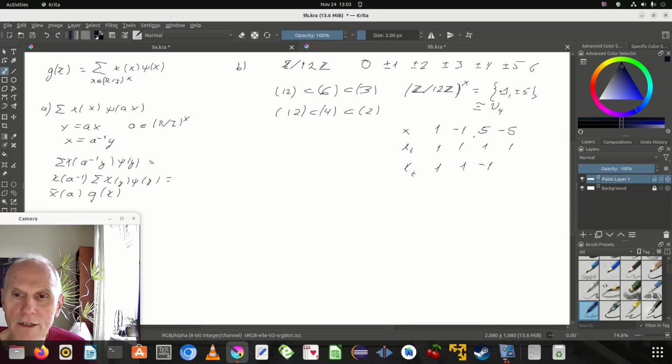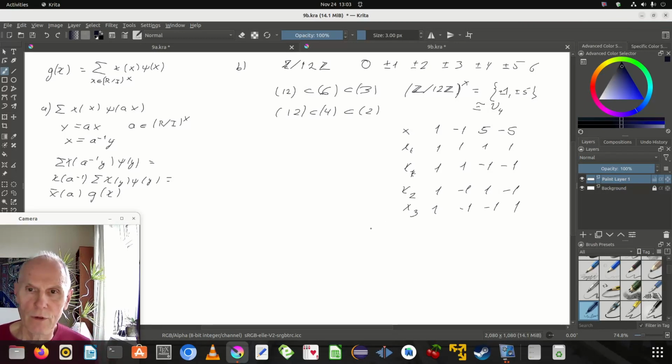And then minus 5 comes by multiplying 1 and 5, so it gives minus 1. That's chi1, chi2. There we go. So we have 4 characters, and each squared gives the trivial one, so that means that the character group is the Vienna group as well.